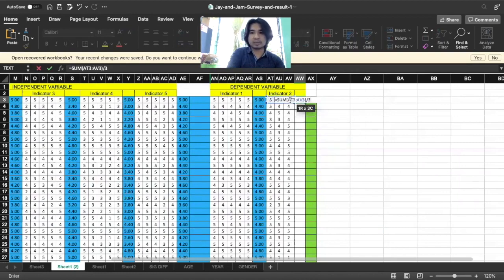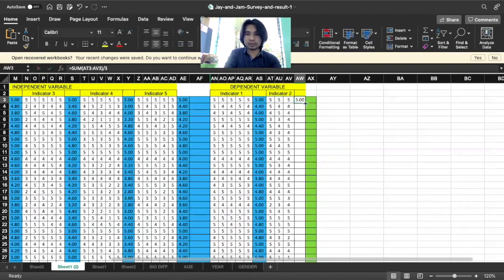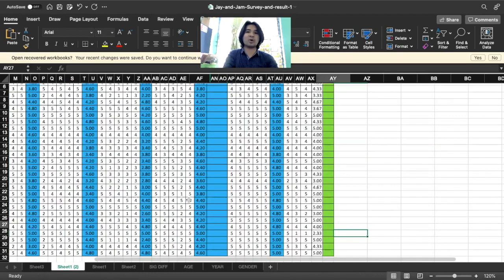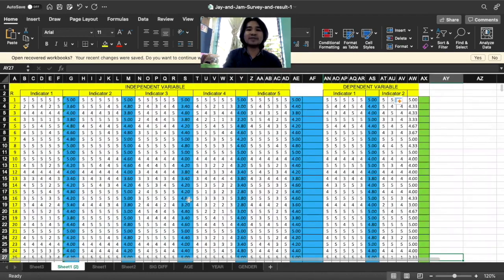That would be divided by 3. So that's it. We have solved all the means for indicators 1 to 5 for the independent variable, and the means for indicators 1 and 2 for the dependent variable.